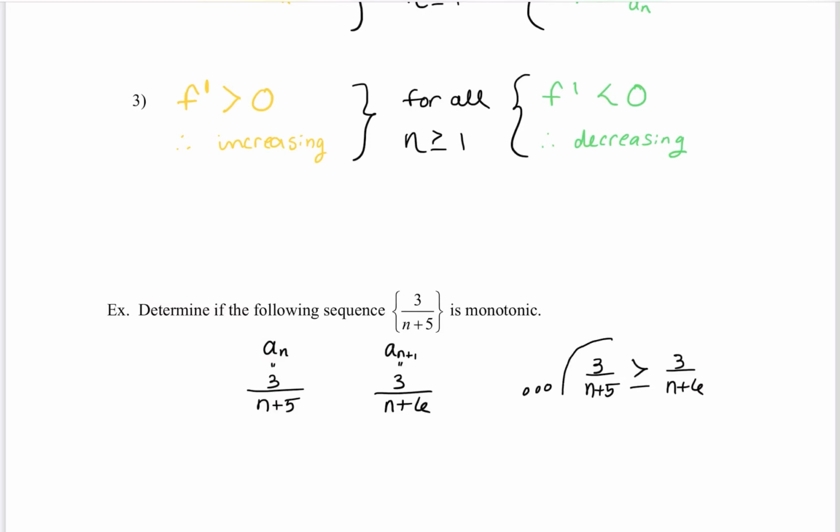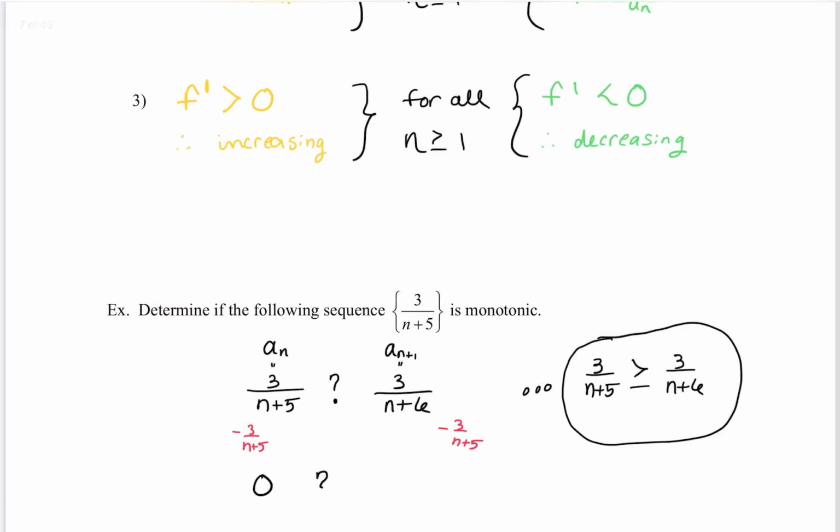But in lieu of that, if we weren't sure, what can we do? Well, we're trying to figure out what the inequality would be in here. So one thing we can do would be to simply subtract the a sub n term to the other side. So we're going to subtract the 3 over n plus 5 term to the other side. So now what we have on the left-hand side is 0.